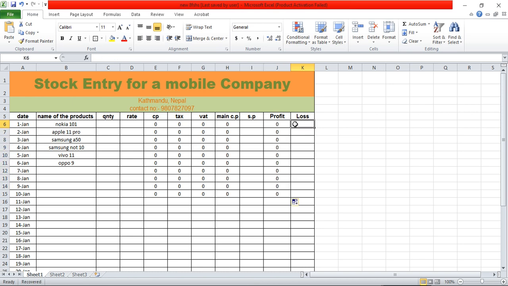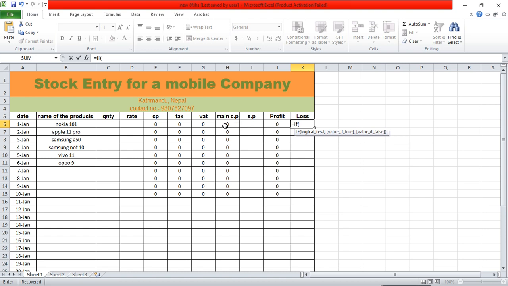Similarly we will apply it for the loss also. Equals IF, small bracket started, and the logical test is like this. Here for loss you can easily imagine that the cost price must be bigger than the selling price.